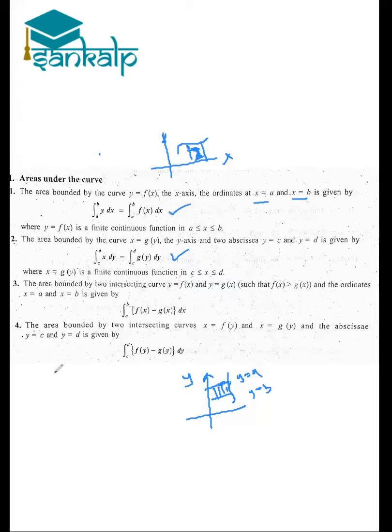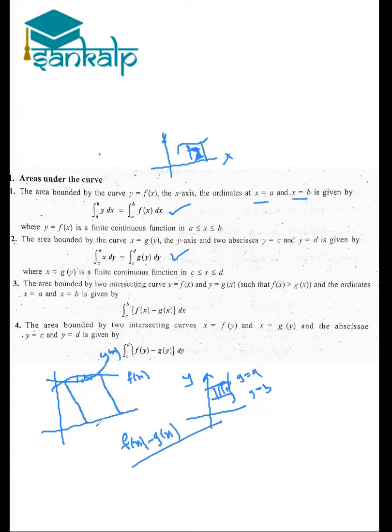So here there are two curves, the first curve f of x and the second curve g of x, and the area between the first curve and the second curve is given by f of x minus g of x, within the lines x is equal to a and x is equal to b. So this is the formula integral a to b of f of x minus g of x dx.